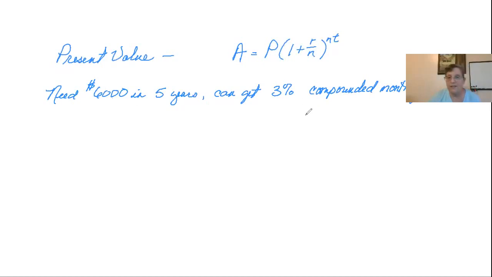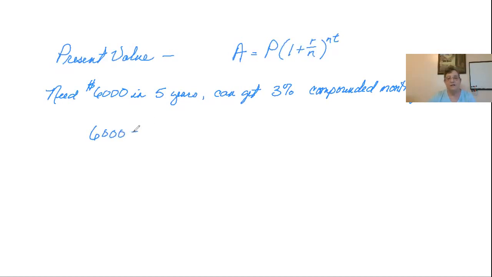How much do we need to deposit today under these circumstances so that it will grow to $6,000 within 5 years? So what we don't know now is actually the principal.